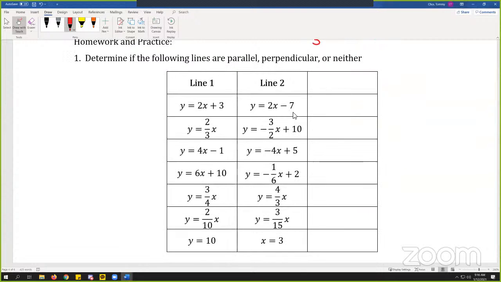Now for this one here, number 1, it says determine if the following lines are parallel, perpendicular, or neither. We're just going to blow through this real quick. Okay? So first one, parallel. Second one, perpendicular. Third one, neither.